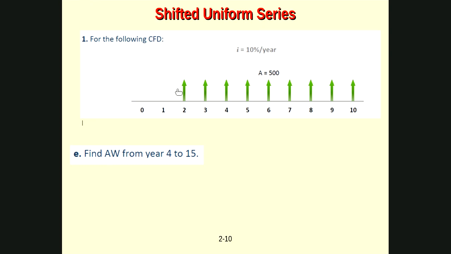In slide number 10, it gave you the values from year 2 to 10 as an annual. A equals 500, the interest rate is 10%, and it asks you to find the annual from 4 to 15. So he gave you the annual from 2 to 10 and asks you to find the annual from 4 until 15. So you have to expand this cash flow until 15.